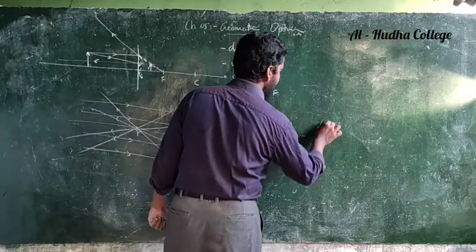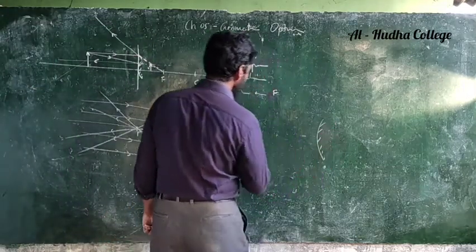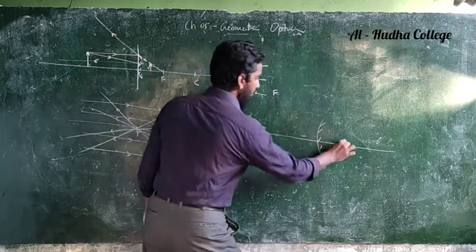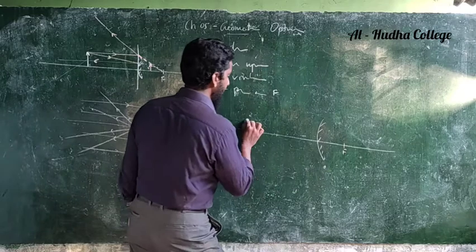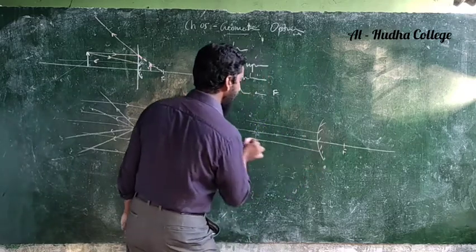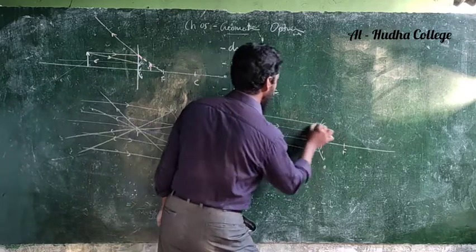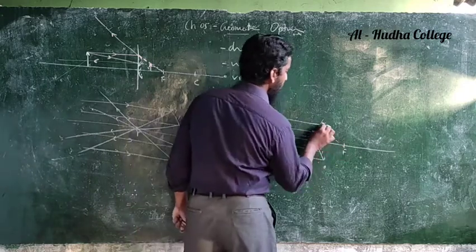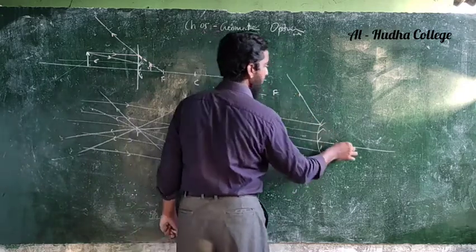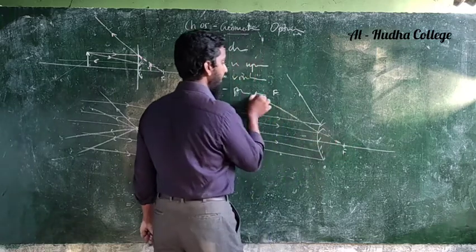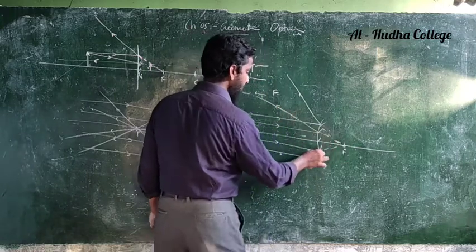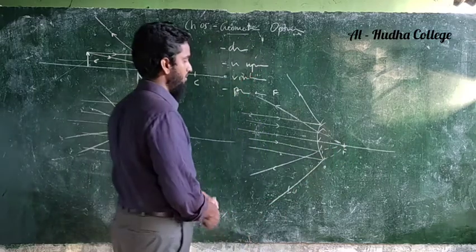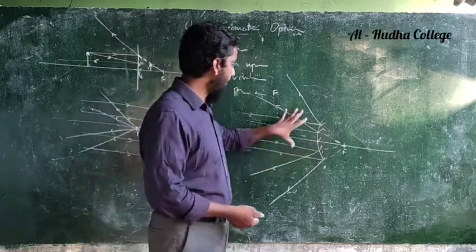If you look at the convex mirror, the focus is going to be here. The rays which are coming parallel to the principal axis are going to move as if going from the focus. Now don't look at there, look at here.